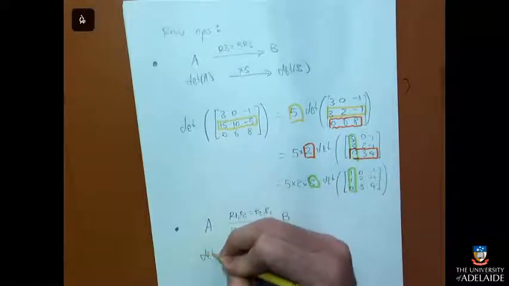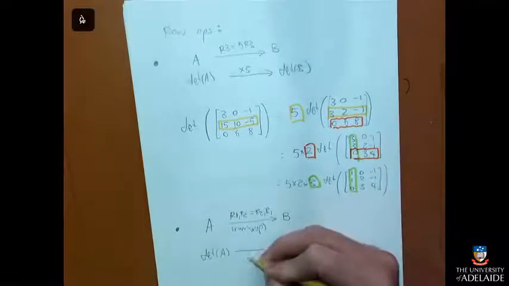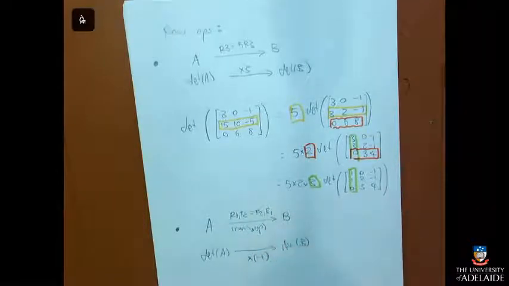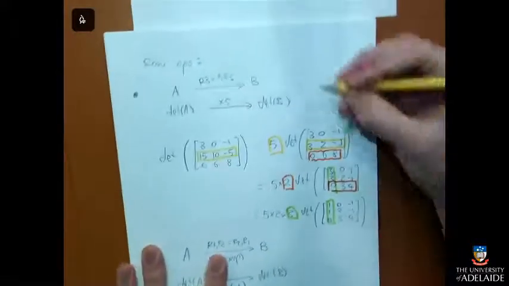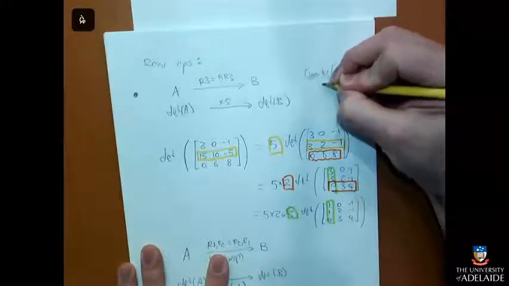Then what will happen to the determinant is it will be times by minus 1. That'll go just as well for columns. I should probably say that. Works for columns too.